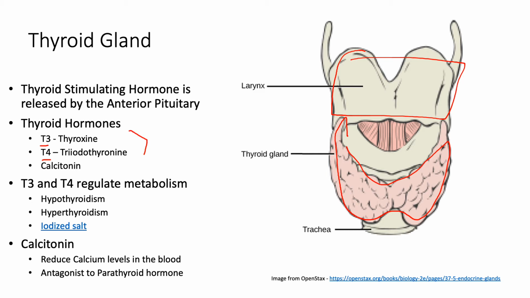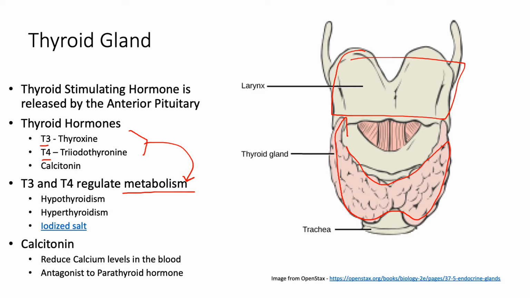These two are very important in the metabolism of our cells. So in other words, if we have more T3 and T4, the metabolism of our cells, or chemical reactions, is going to increase. If we have less T3 and T4, the cell reactions are going to decrease.